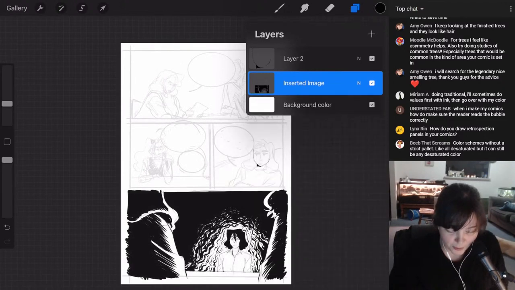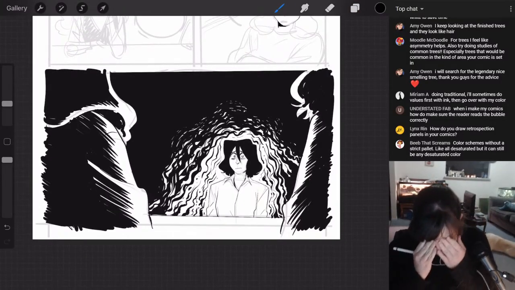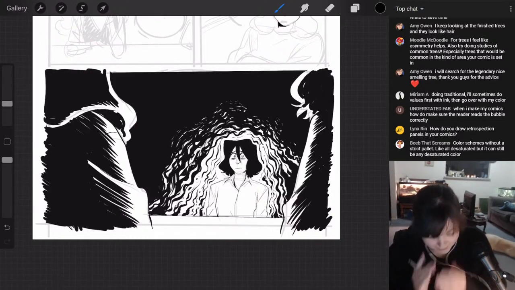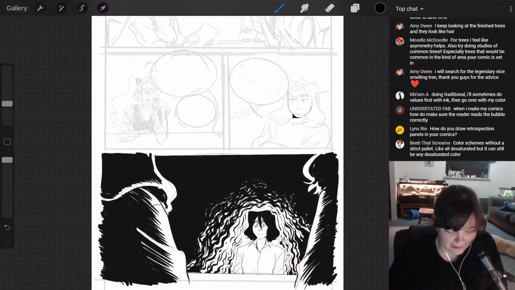Wait. Oh, no. Oh, damn it. What did you do? I put it on the same layer. What did you put on the same layer? This bottom panel is on the same layer as the sketch. Oh, that's fixable, isn't it? Yeah, that's fine.